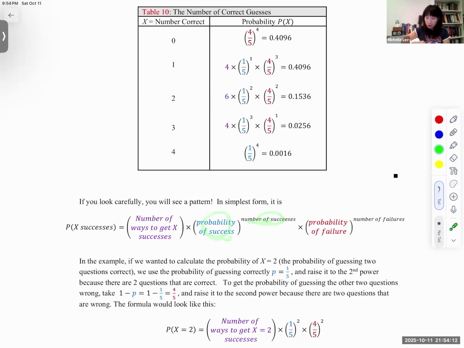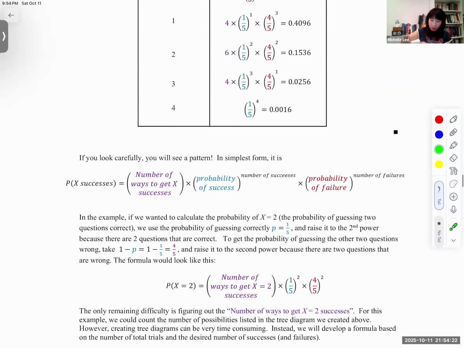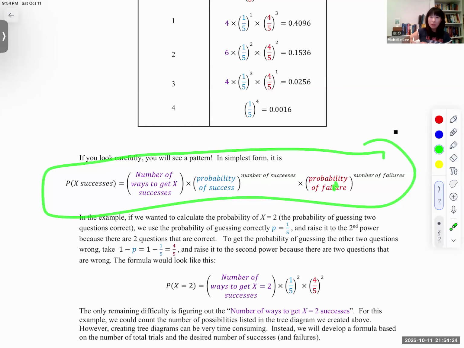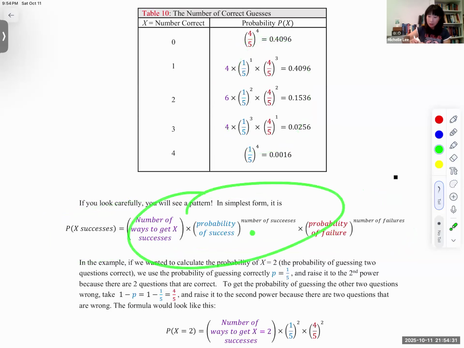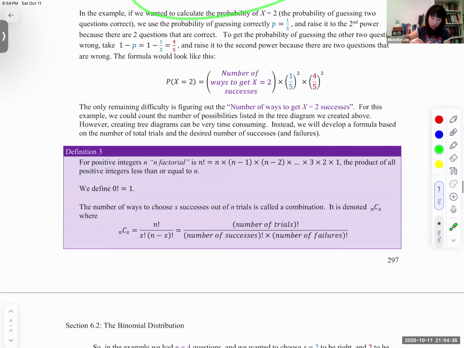Yeah. Then we do times of probability of failure. So number of failure there too, right? So this formula we can find out from the pattern, right? Then, oh, this is the same as this formula.